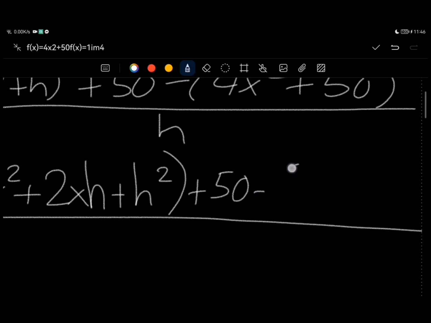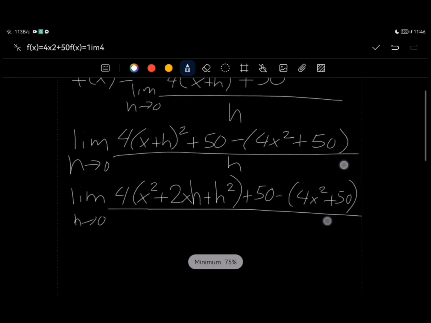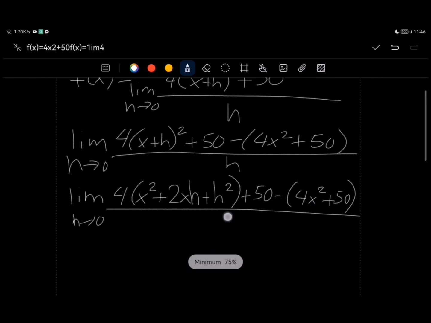Okay, subtract 4x squared plus 50, and then divide it by h.